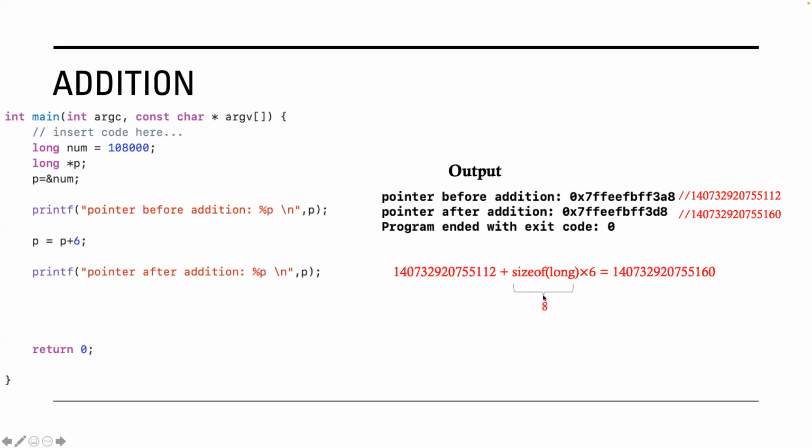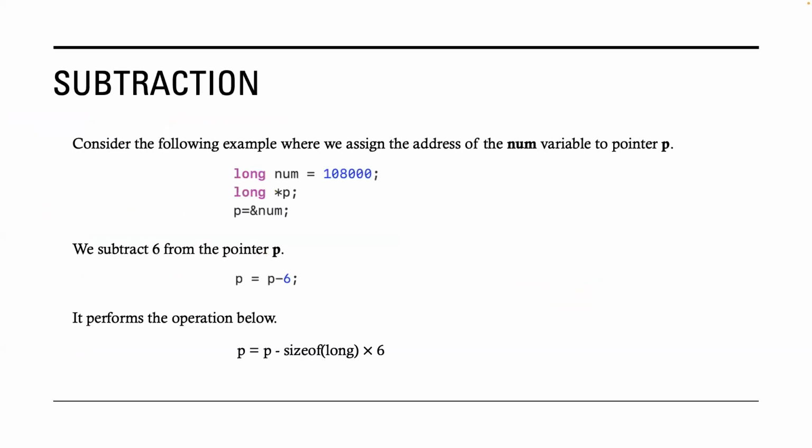You can see size of long is 8, I mean, in my computer it is 8, and then we are multiplying it by 6. So we have 48, and if I add 48 to this number, I'm getting this. So you can compare these last 3 digits and see this is how addition in the pointers works.